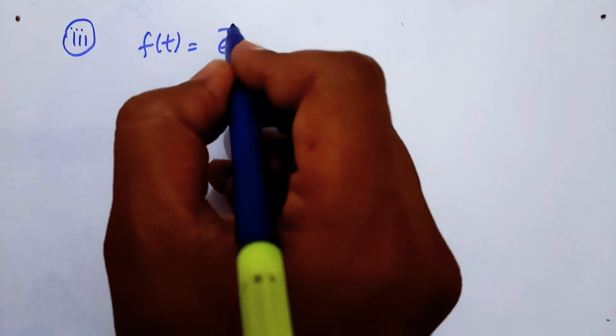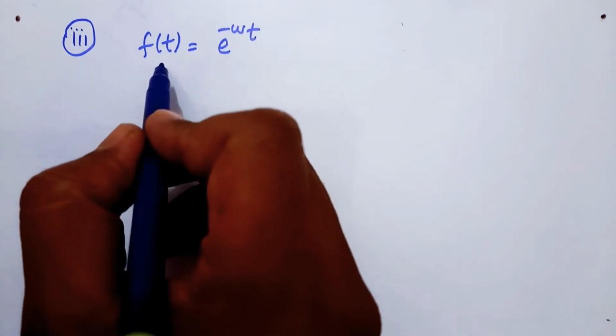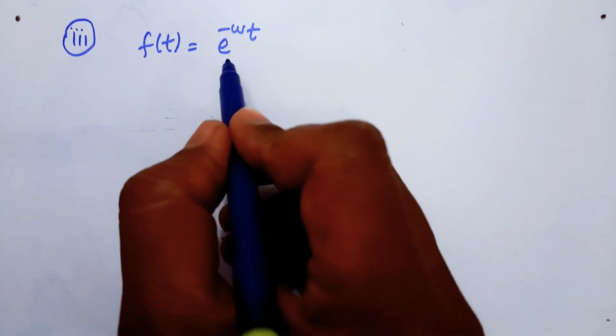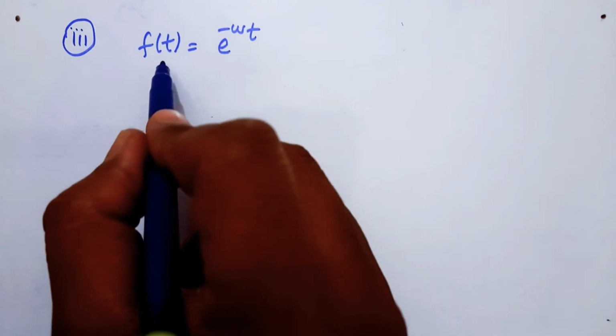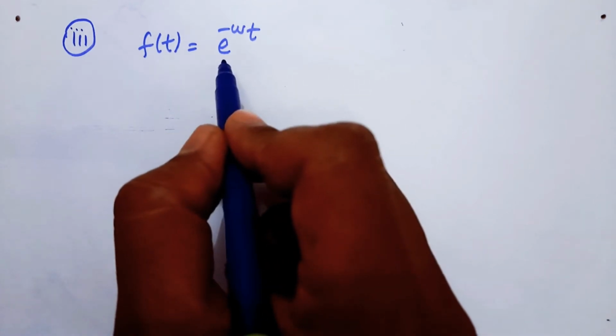See the third one. Here f of t is equal to e power of minus omega t. Here the function f of t is not a sine function, or a cosine function, or a linear combination of sine and cosine functions.